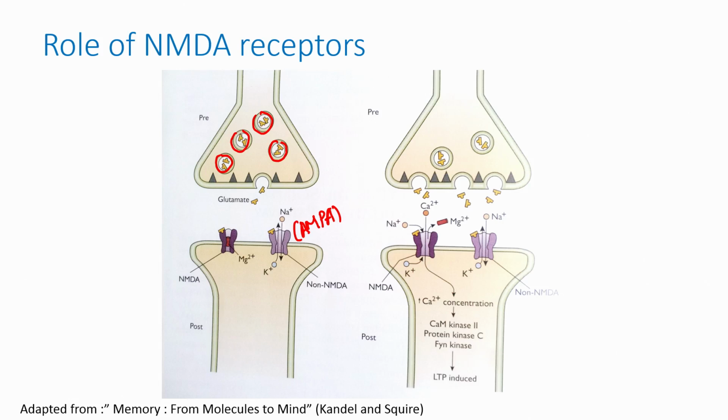Besides that point, there are two classes of receptors. I mean there are many classes, but here we are looking at two, AMPA and NMDA. While AMPA takes care of the routine neuronal conduction, NMDA does a slightly different job.